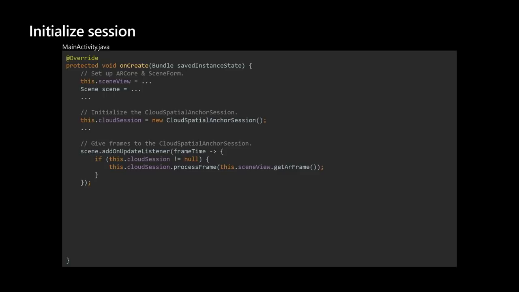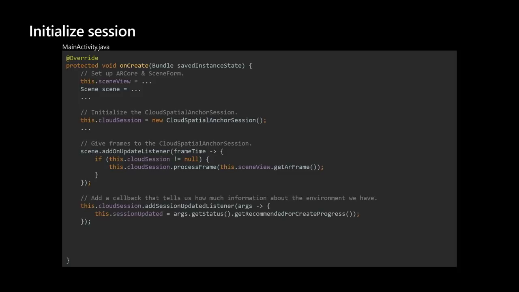This onUpdate listener is a Java concept. Basically, it will be called every time AR Core has a new camera frame to give us. In return, we're going to call processFrame on that camera frame. So this is one side of the handshake that I'm about to show you. We give camera frames to Azure Spatial Anchors.